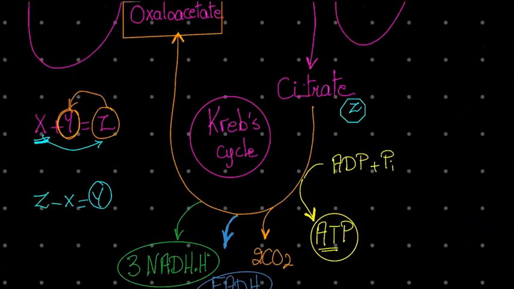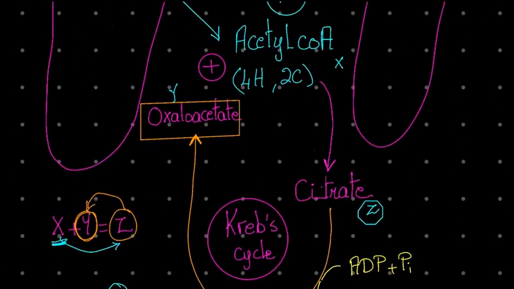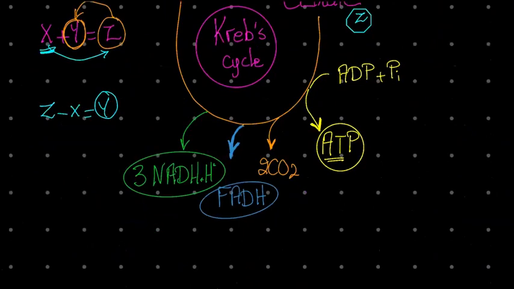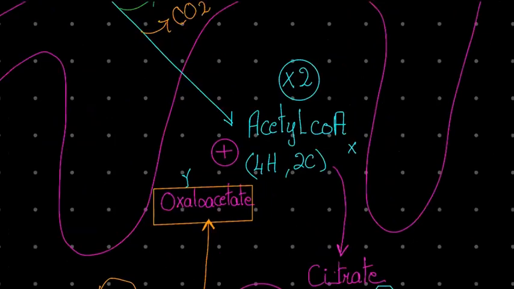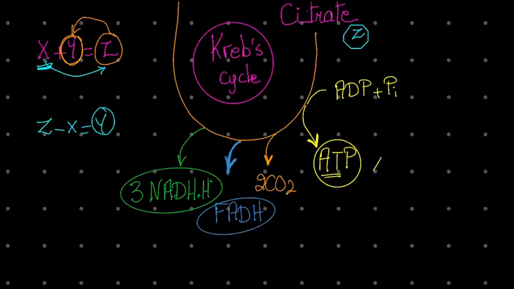How many ATPs will result from breaking down a glucose, not an acetyl-CoA? In acetyl-CoA, it's going to be 1, right? But you have 2 acetyl-CoA, so you have 2 Krebs cycles. And if you have 2 Krebs cycles, this means that you're going to be producing 2 ATPs, right? From a glucose.